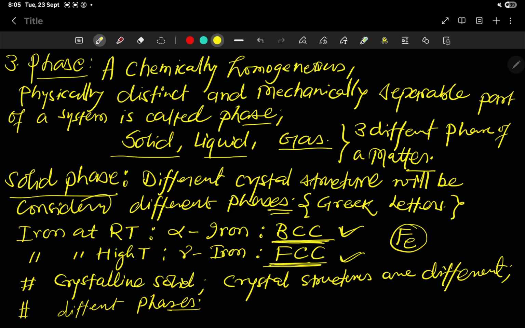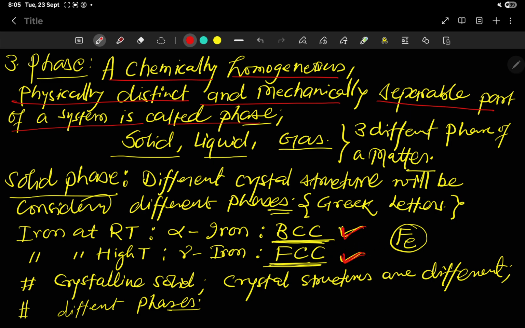We will discuss its phase diagram in future lectures. So from here you can see that a phase is a chemically homogeneous, physically distinct, and mechanically separable part of a system. So here we have two different phases, chemically homogeneous and physically distinct.